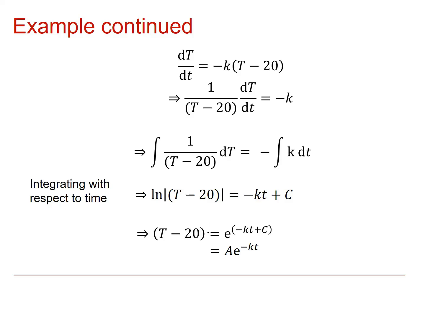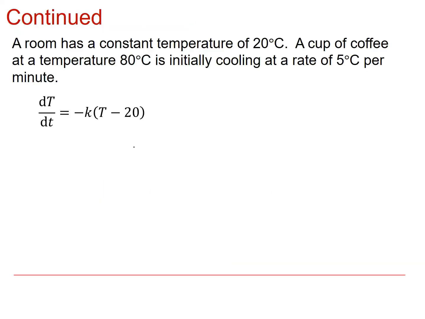There's that just written up more neatly for you, coming down to our final equation at the bottom here. Okay, moving on then. So I've got here dT by dt is equal to minus k(T minus 20), and I want to try and get a value for k here. Well, I know the rate when t equals 0. I know that the rate of cooling is equal to minus 5, and I know that the temperature is equal to 80.